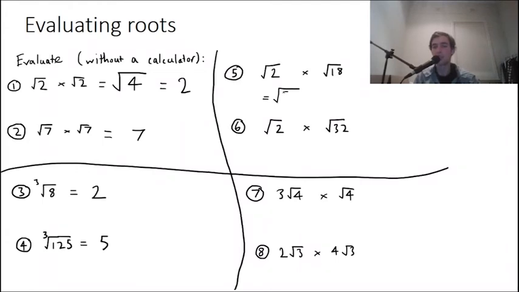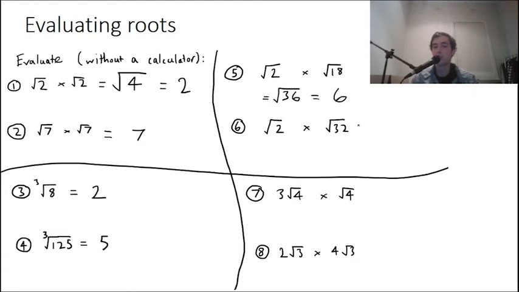So this is the square root of 36. And hopefully we can work this out. What number squared equals 36? Remember we did 5 times 5 was 25. That's a bit too small. Let's try 6 times 6 is 36. So the answer has to be 6.